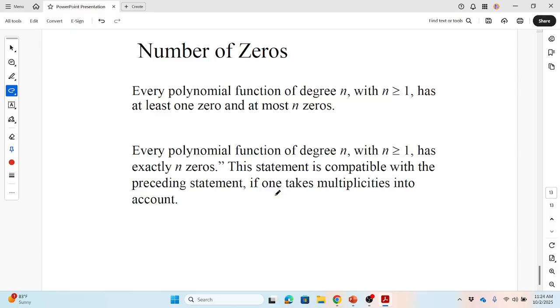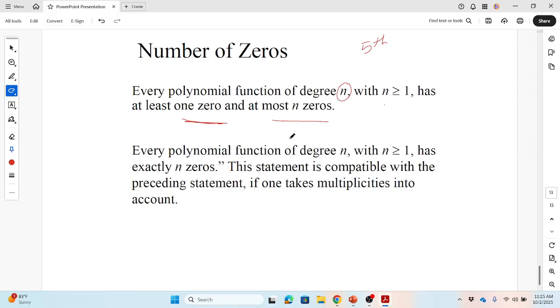If the degree of the polynomial is n, then you must have at least 1 zero. That's the minimum, and at most n zeros. So if you are dealing with a 5th degree polynomial, then the maximum number of zeros you can find is 5, and the minimum is at least 1.